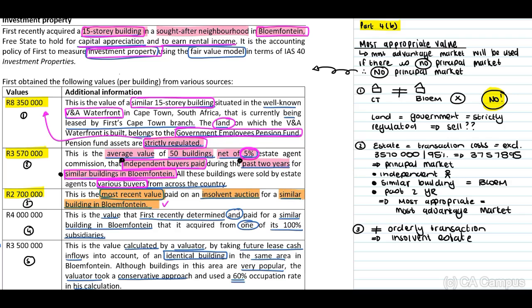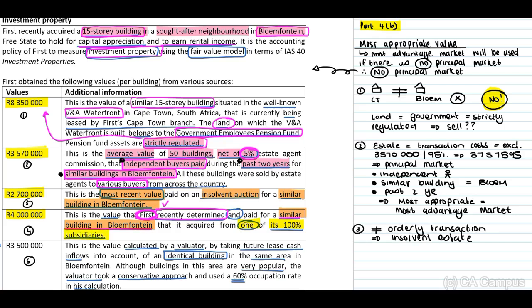Next, our 4 million. This is the value that First determined. Do you see, guys? Therefore, the purchaser First paid for a similar building in Bloemfontein. Great. This is a similar building. We're happy. That it acquired from one of its 100% owned subsidiaries.